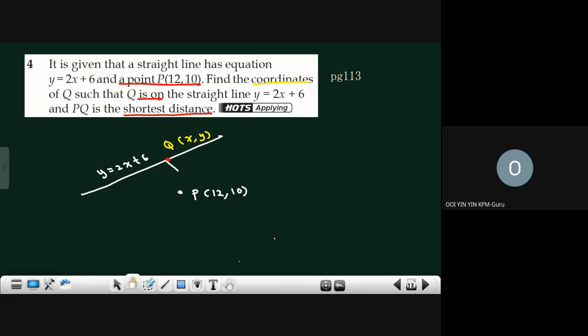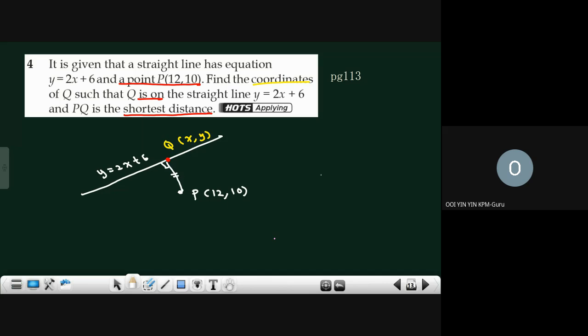How can we identify the shortest distance? Shortest distance means that when your P and Q are connected together, there will be a 90 degree angle. Then this distance is called the shortest distance.